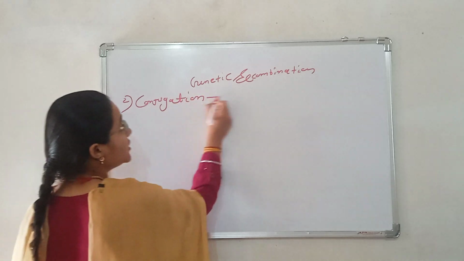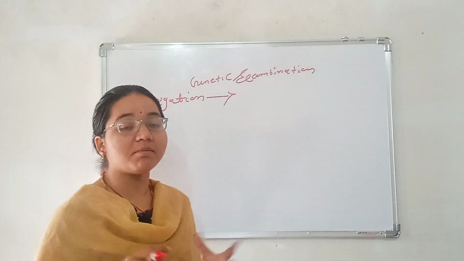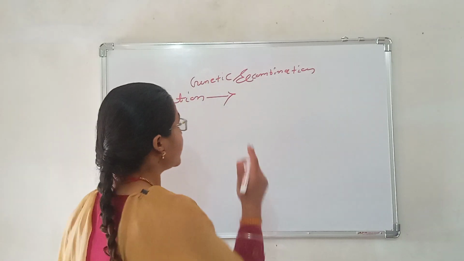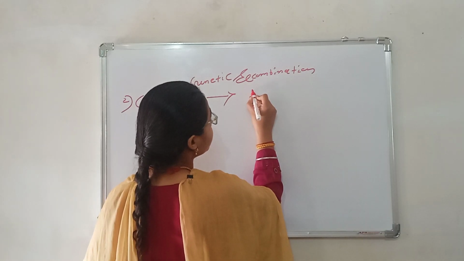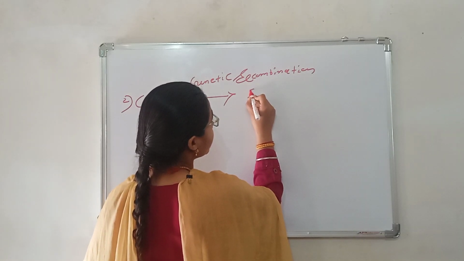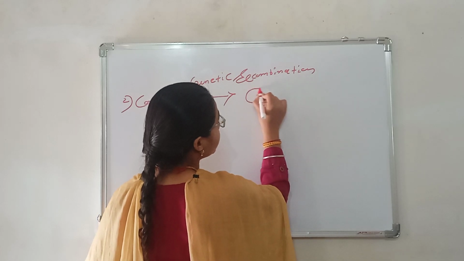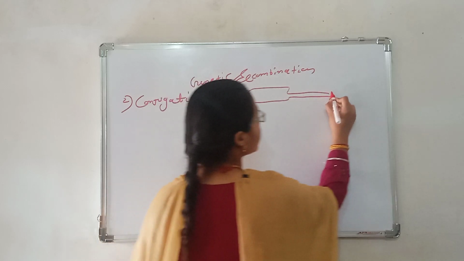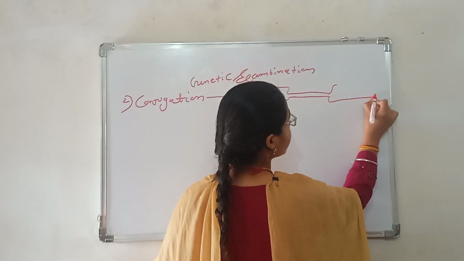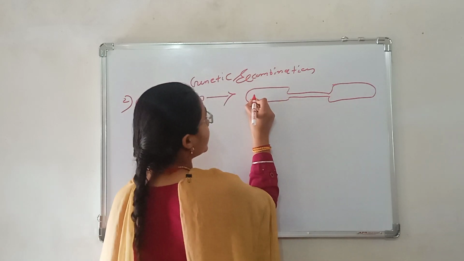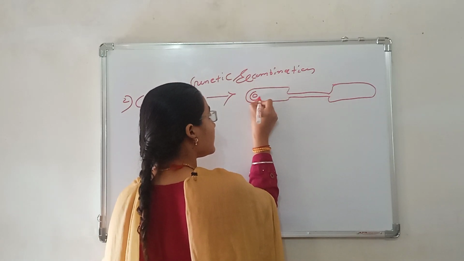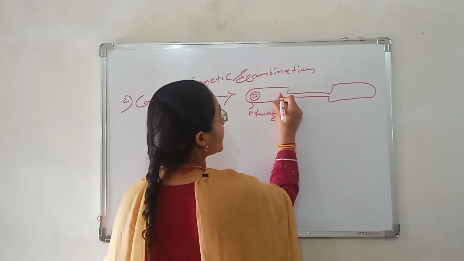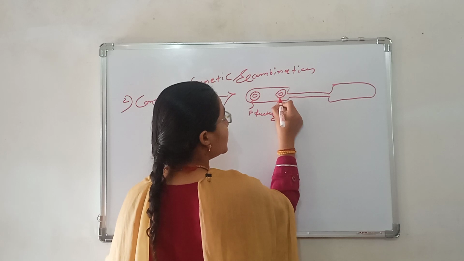Firstly, understand conjugation. In this process, two cells come into physical contact with each other. Okay, this is the F factor, and it is present in their genome.